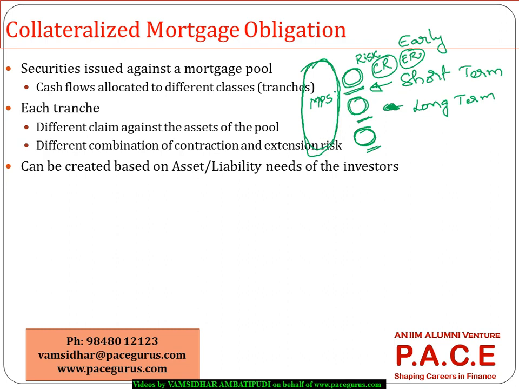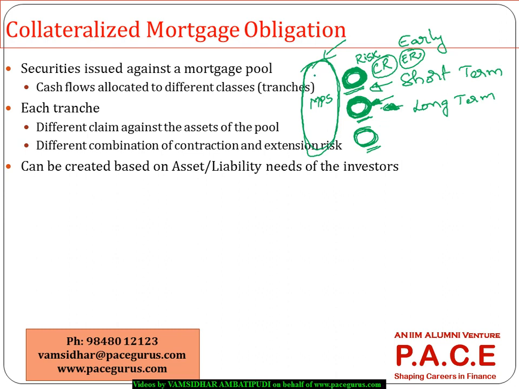Out of this entire cash flow, some of it may be exposed to more prepayment, some of it may be exposed to a delay in the payment. So if I can create a set of instruments wherein the payment happens as per the schedule, and another set of payments that are probably delayed in case the prepayments slow down when the interest rates are higher.